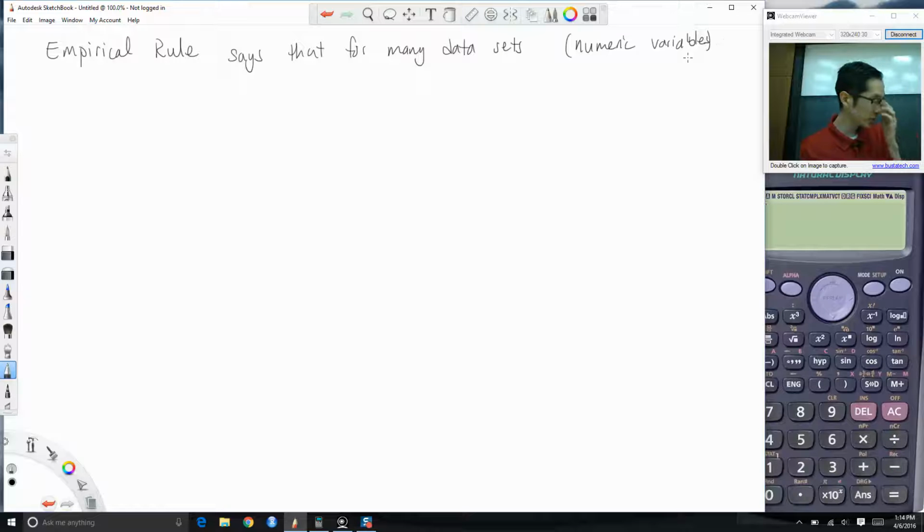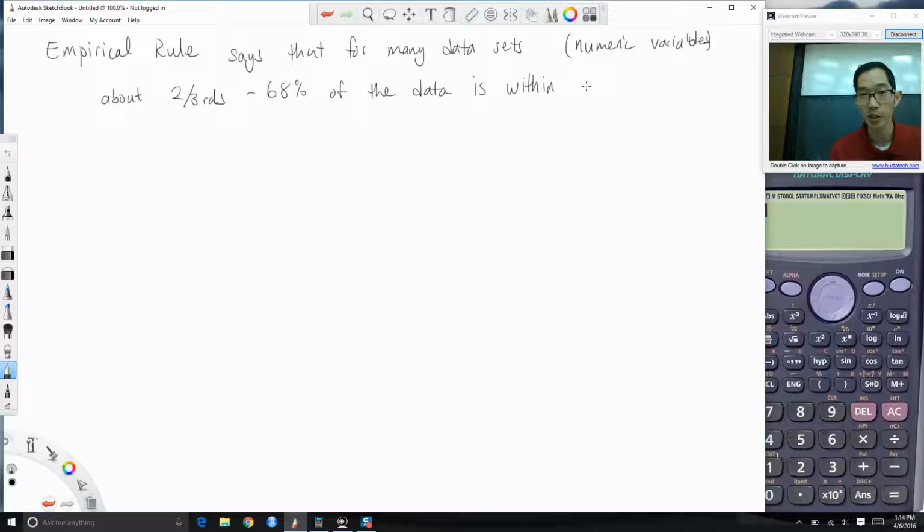for many data sets, about 2/3 or 68% of the data is within 1 standard deviation of the mean.